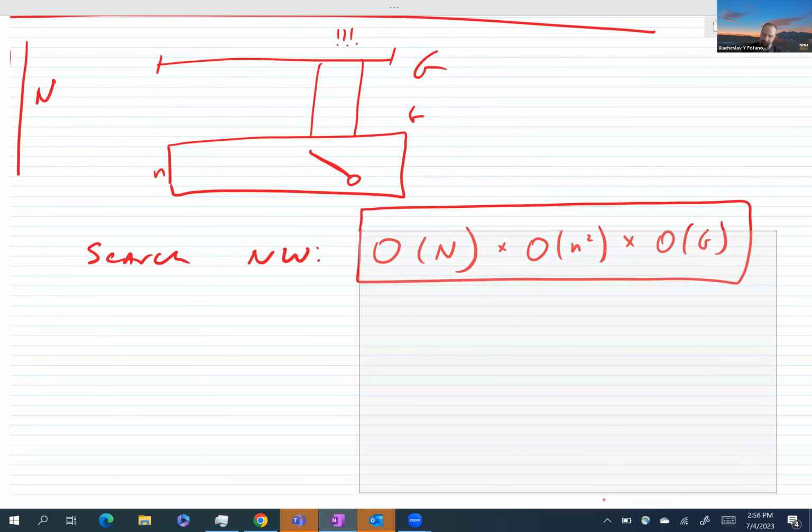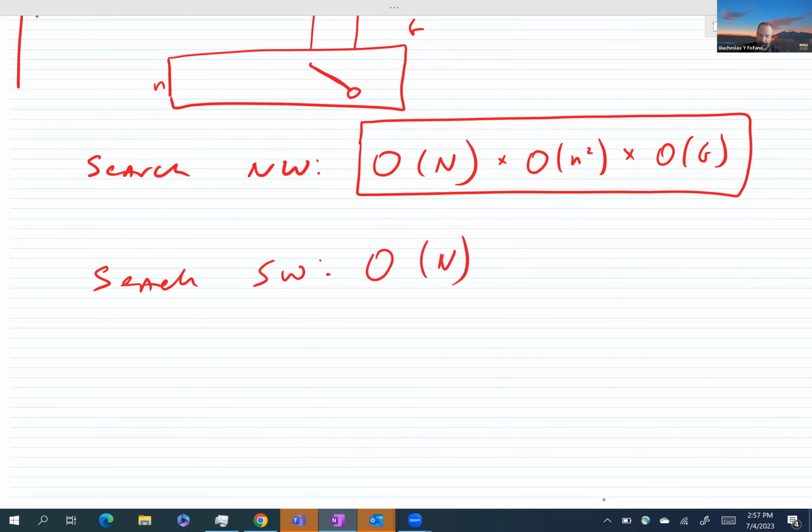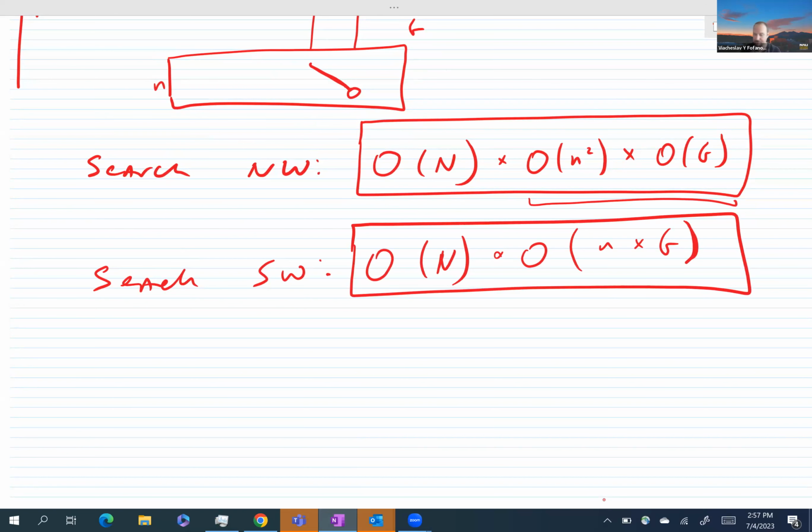Now in the Smith-Waterman, we still have big O of N queries. We have not gotten away from that. We still have 27 million queries that we have to deal with. But instead of having this term over here for every single query, we're just going to create a little n by G matrix.